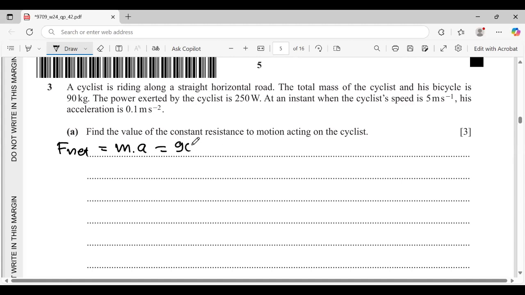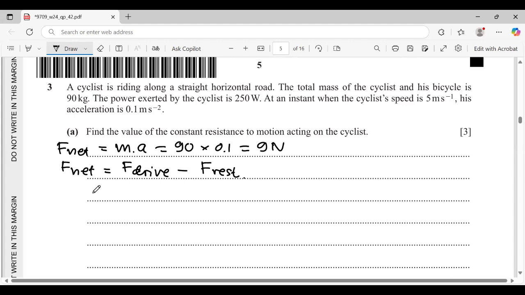So this is 90 times 0.1, which becomes 9 newtons. Let net force equal drive force minus resistance force. Okay, this is resistance.